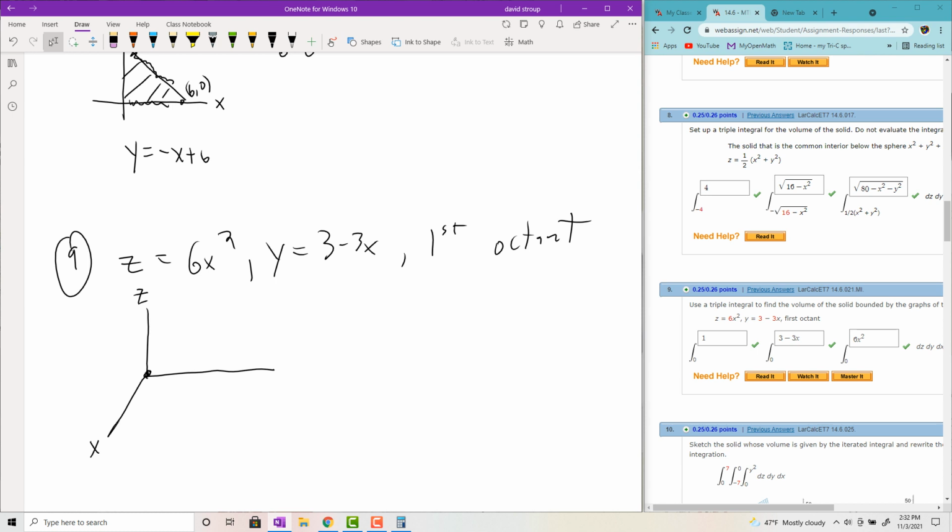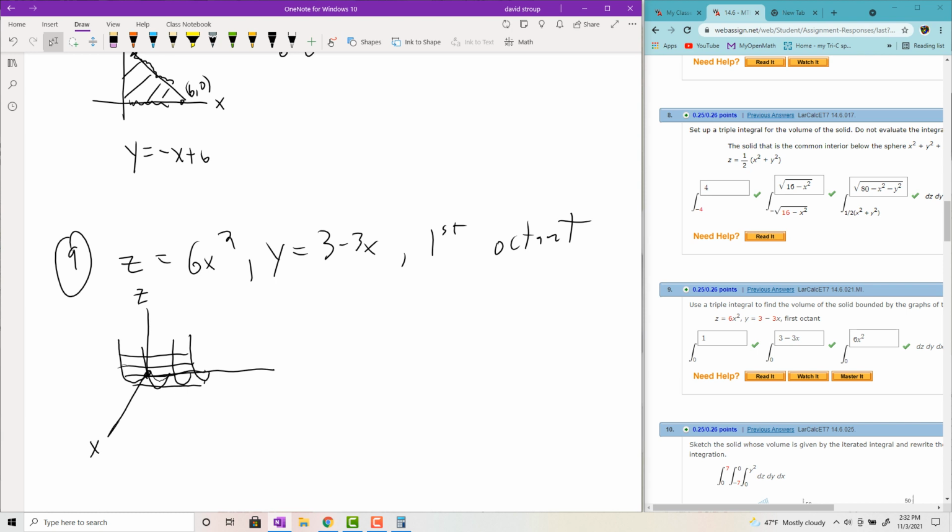Here's z, here's x. So it's going to kind of look like this in the zx plane, and then it's going to carry on that way in the y direction. It's like the side of a boat, you know. But anyways, it looks something like that.